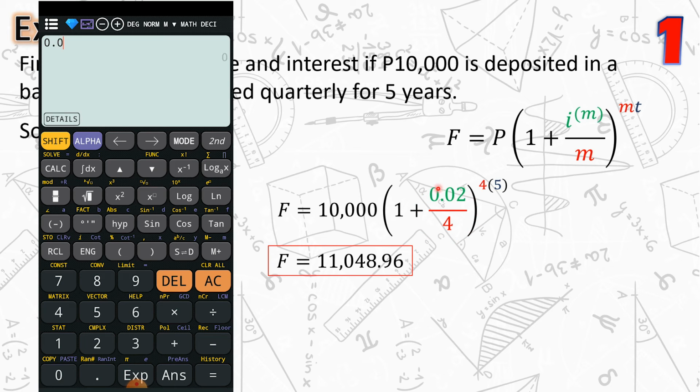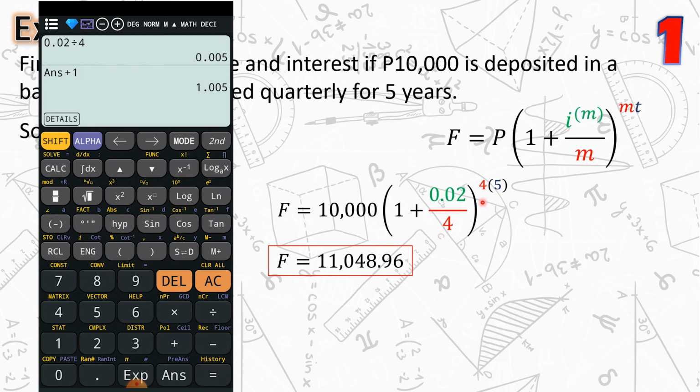We solve for 0.02 divided by 4 first. 0.02 divided by 4, and then press the equal sign. That will be 0.005. Next, answer plus 1. Press the equal sign. That will be 1.005.